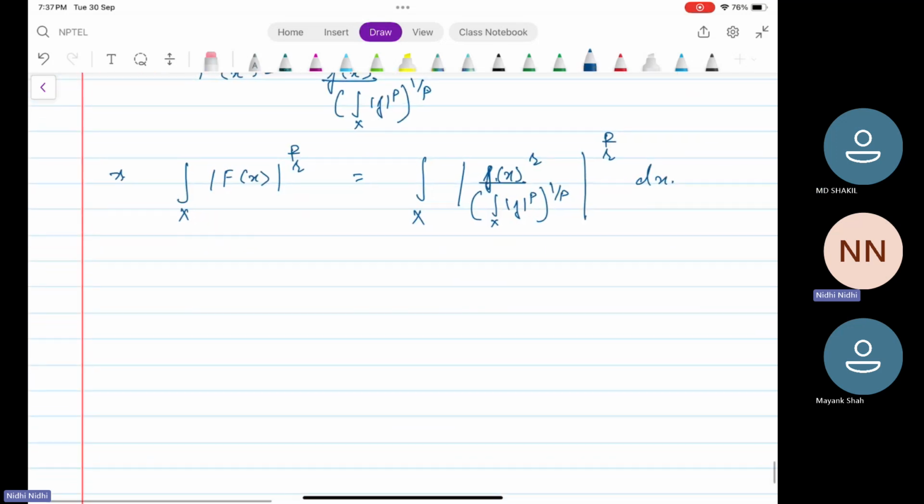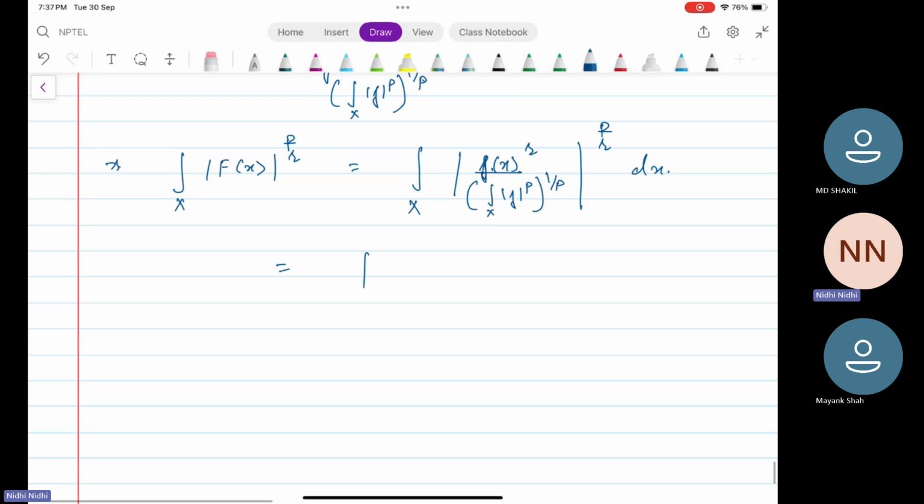So this will be equal to the integral over X of |f(x)|^p upon the integral over X of |f|^p. The power 1/p and p will cancel out. This will be just 1/r. Now this denominator is just a constant, I can take it outside.